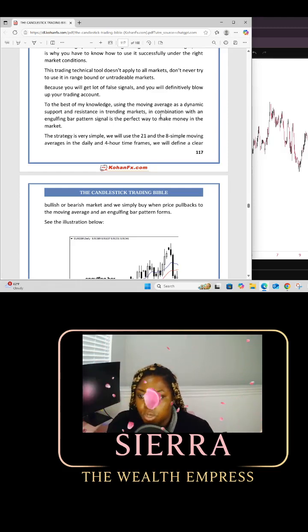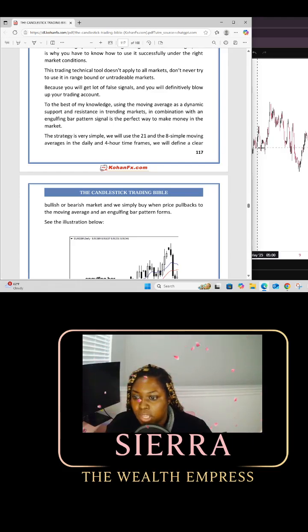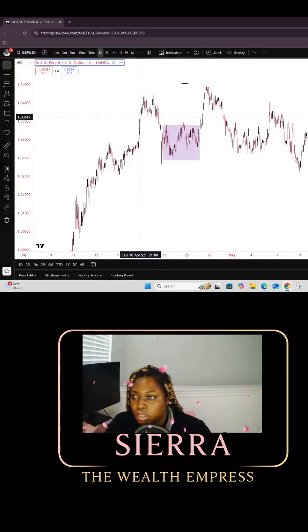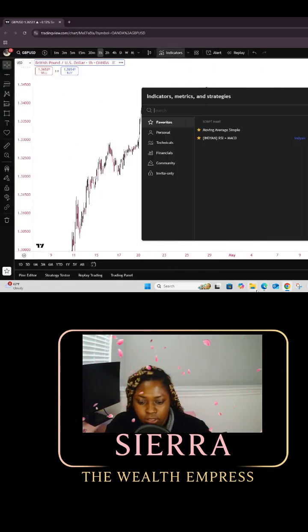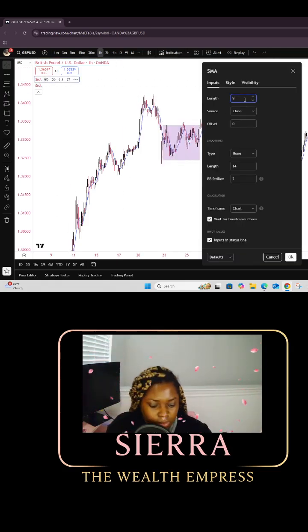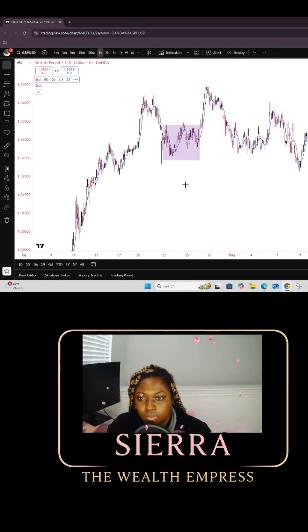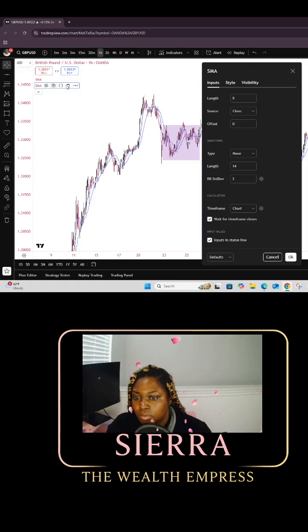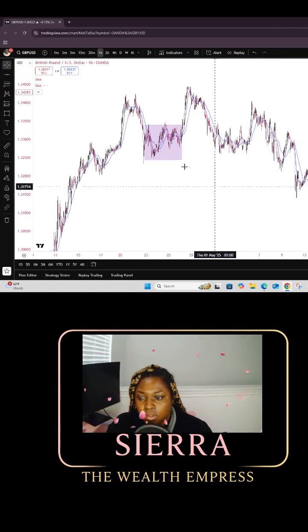We will use the 21 and the 8 simple moving averages in the daily and 4-hour time frames. So let's put the 21, they said the 21 and the 8. Okay. That's ugly.